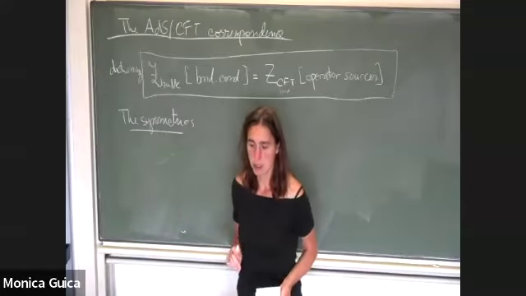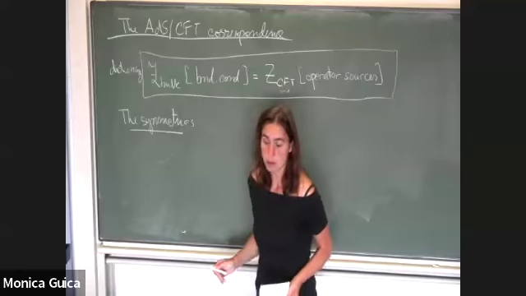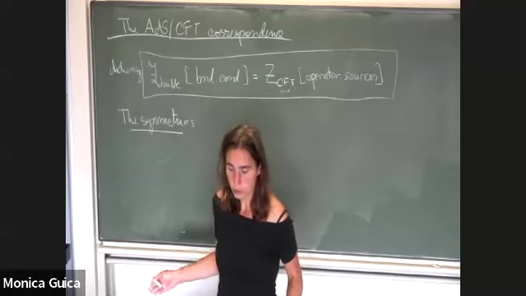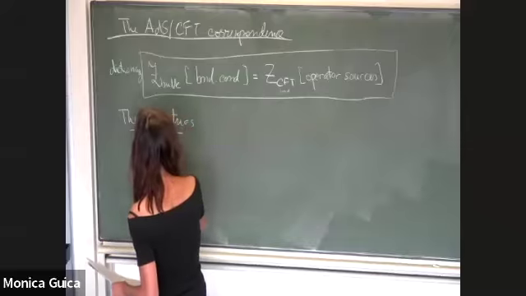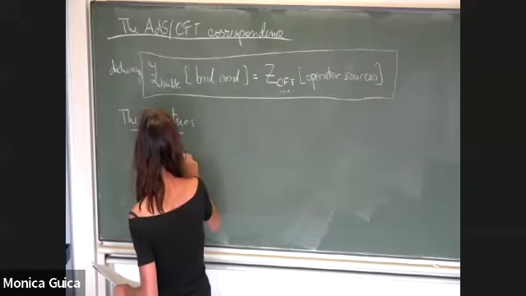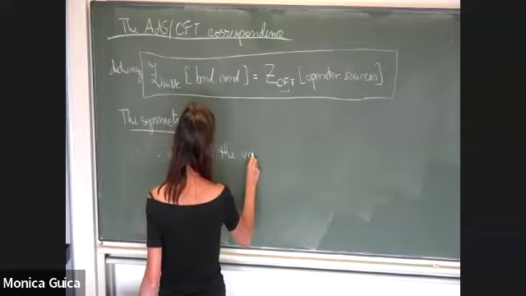And even here, there are two discussions that one can have. What people normally do when they talk about matching the symmetries in AdS-CFT, they talk about the symmetries of the vacuum state.